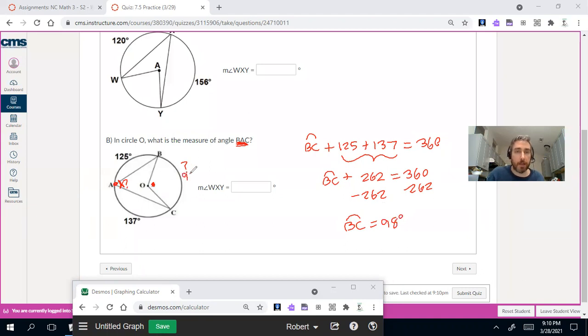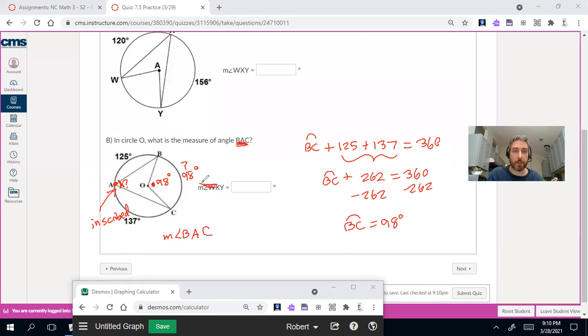All right, so now that I know that's 98 degrees, I know that the central angle is 98 degrees, but the question wants to know the inscribed angle. So remember, inscribed is always going to be the angle that's drawn on the circle pulled all the way across, and that's half the central angle. So we're going to do the measure of angle BAC.